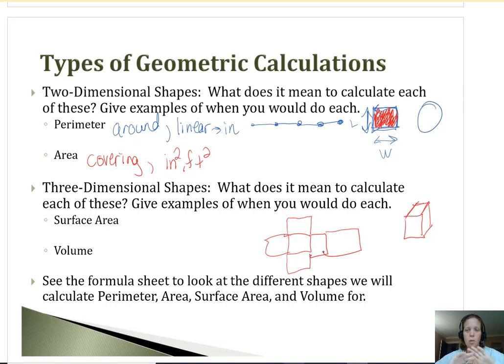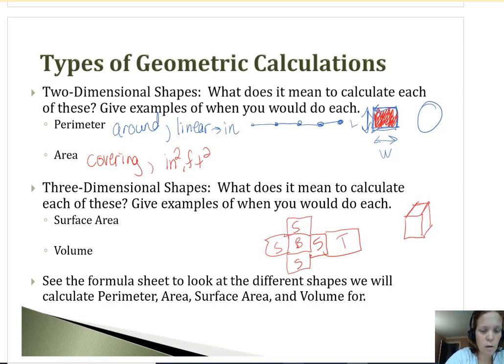It could be laid flat and then bent to make it into a three-dimensional box. Surface area is doing all the different sides. If this was the bottom, this was the top, side, side, side, side, something that's rectangular would have 6 sides. Yeah, I've got 6 there.